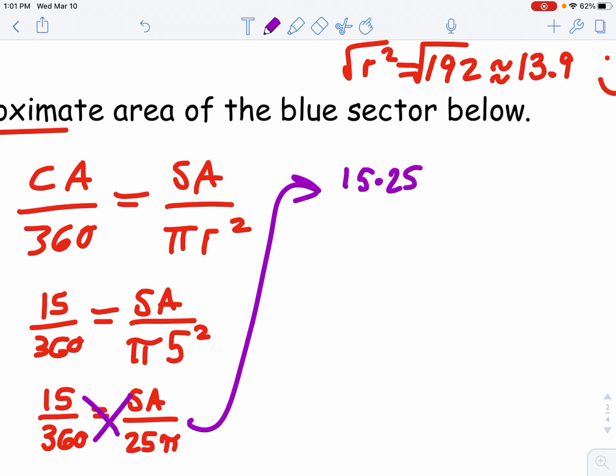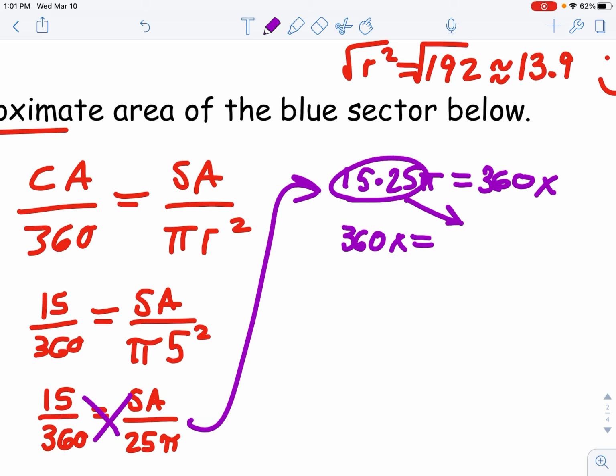I'm going to have 15 times 25 pi over 360. Instead of writing SA, I'm going to write x. And then actually let me rewrite it as 360x. I'm going to go ahead and do 25 times 15, which is 375 pi.